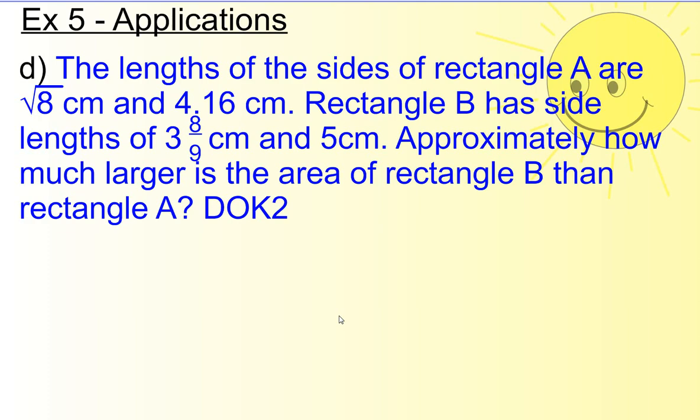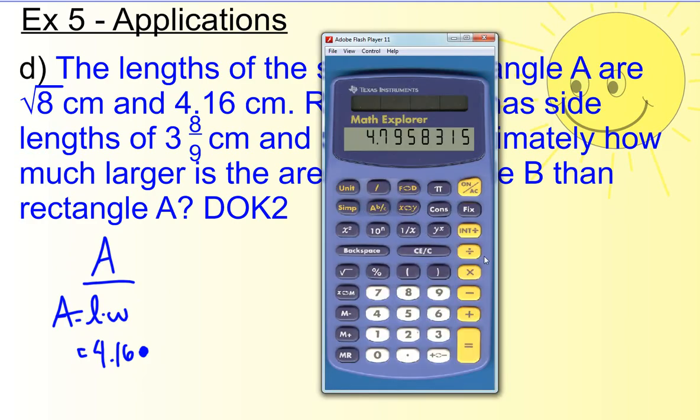Okay, so we're trying to find out which one has a larger area, rectangle A or rectangle B. So let's start with rectangle A. To find the area of a rectangle, area is length times width. So, the sides of rectangle A are square root of 8 and 4.16. So I'm going to put 4.16 times by, what is the square root of 8? 2.82.